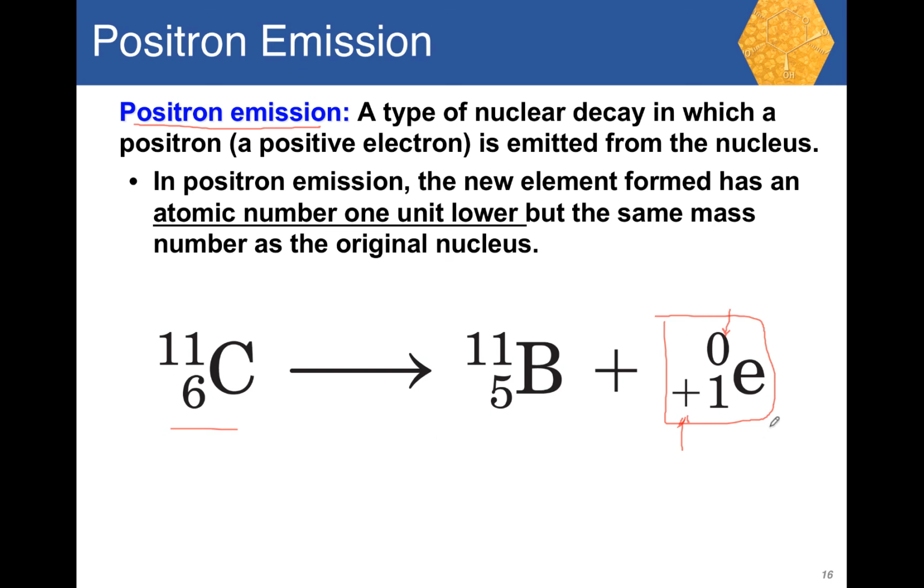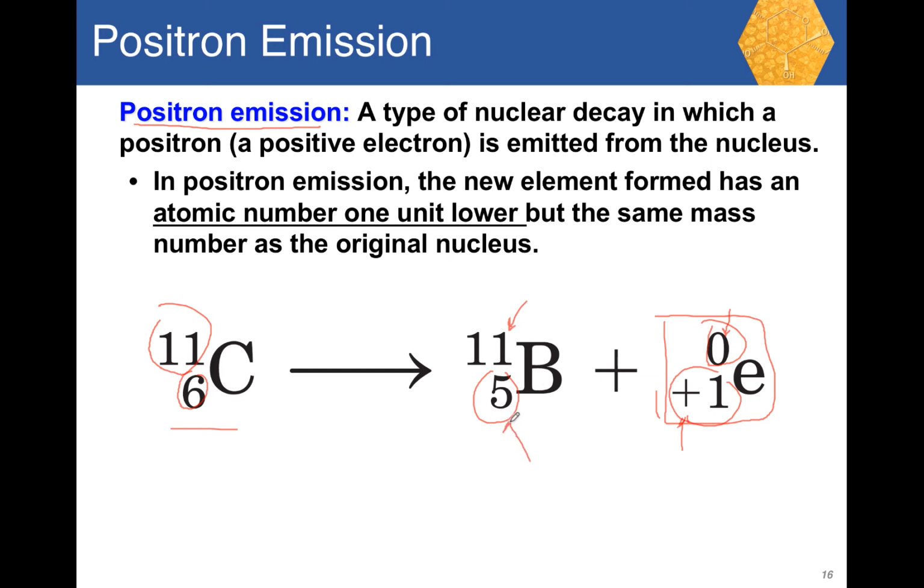If it emits a positron, what you would get is 6, and we're giving off plus 1, so this has to be 5. This is 11, and of course this is 0, so this has to be 11, because 11 minus 0 is 11.